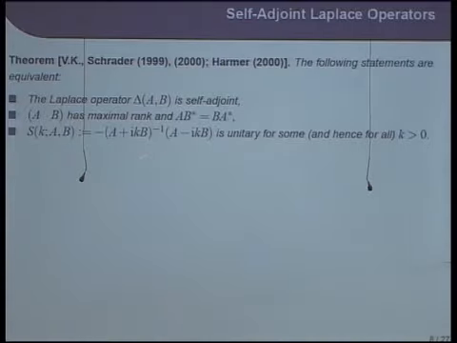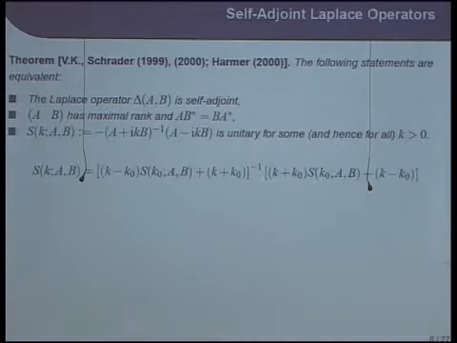Let's look at the following construction. Actually, it is well defined for all k different from 0. And the operator delta AB is self-adjoint if and only if S is unitary for some, and hence for all, k larger than 0.